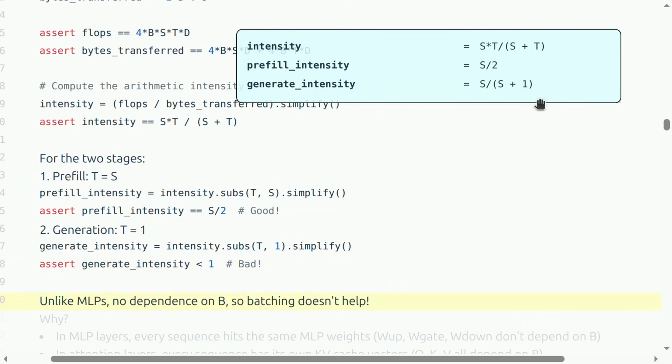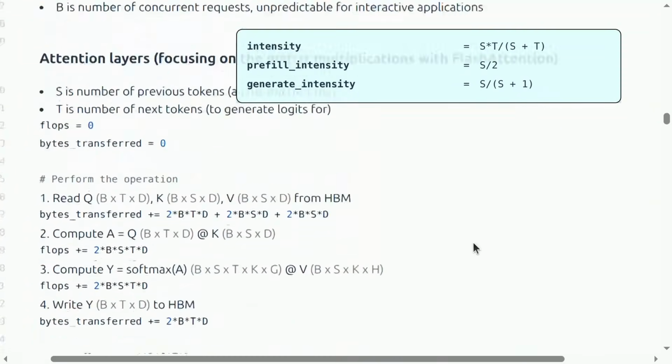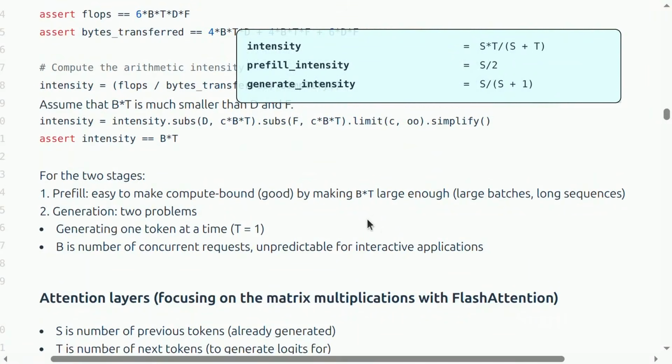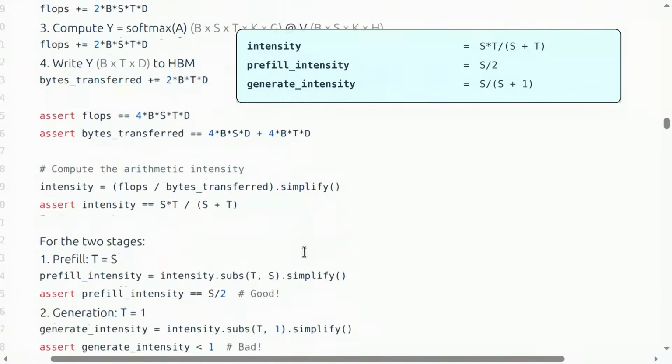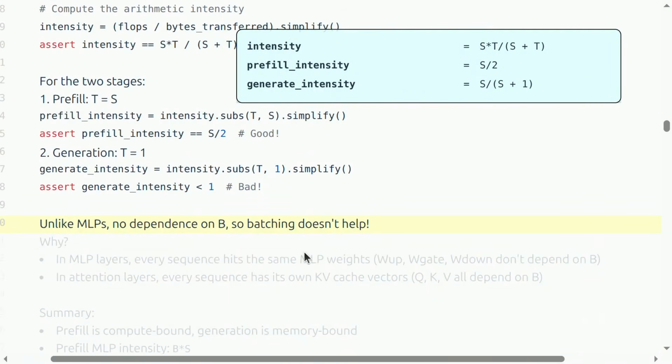So let's try to contemplate why this is a bottleneck. Unlike attention, MLPs for generation are actually okay as long as your batch is large enough. So the problem with attention is that, let's look at MLPs.